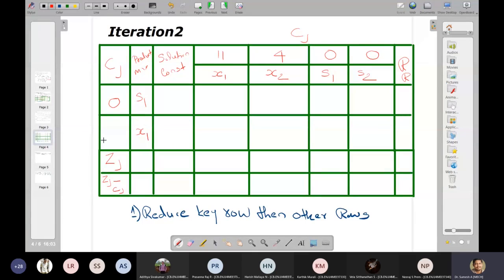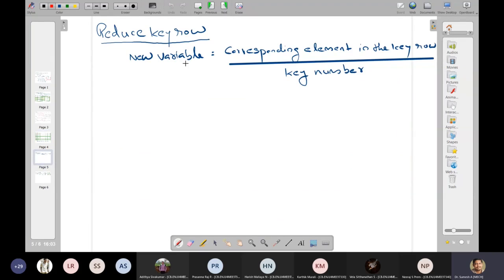Now first the key row needs to be reduced. The equation of the reduced key row: new variable equals corresponding element in the key row divided by the key number. Under solution constant, you can see the value is 32 and our key number is 4.